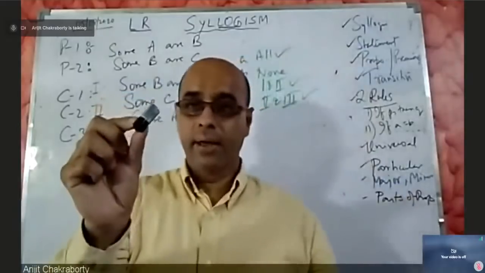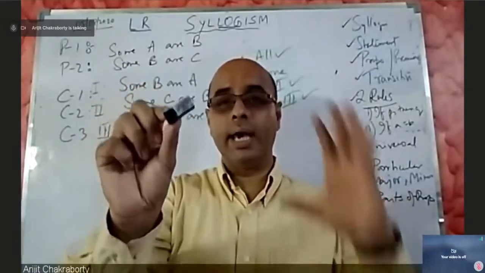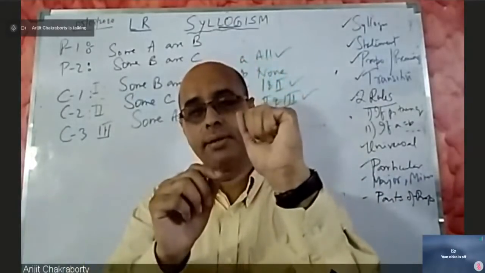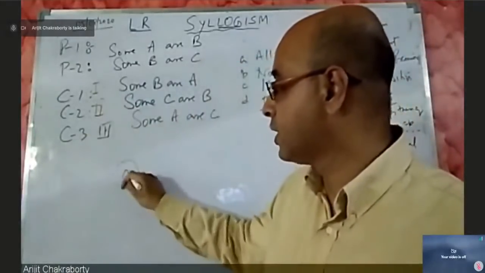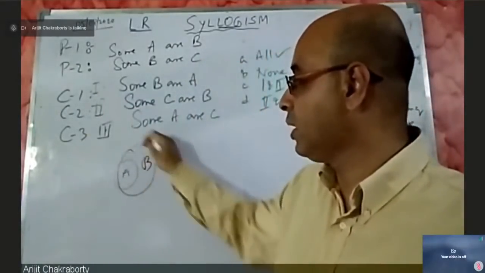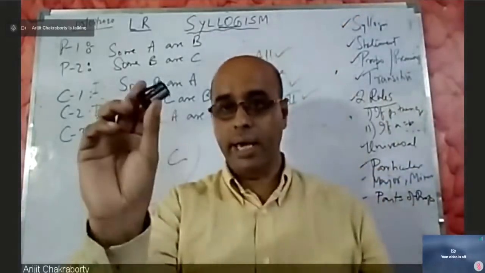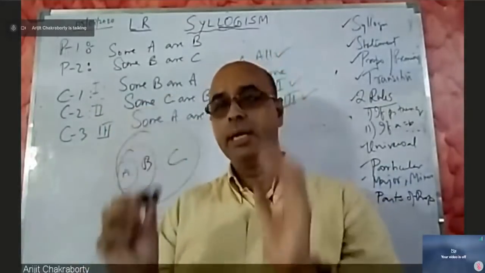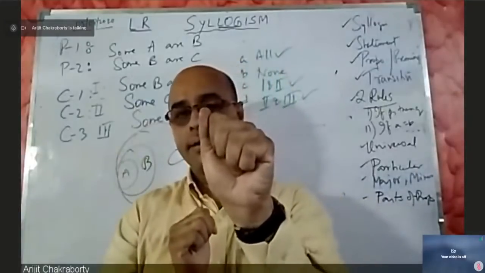This is A. Question was all A are B. So all A and my hand is B. So all A is within B. You remember the diagram? A is here, B is the bigger one, and C is the biggest one. So I am drawing like this. This is A. This is my hand. This is B. All A within B.